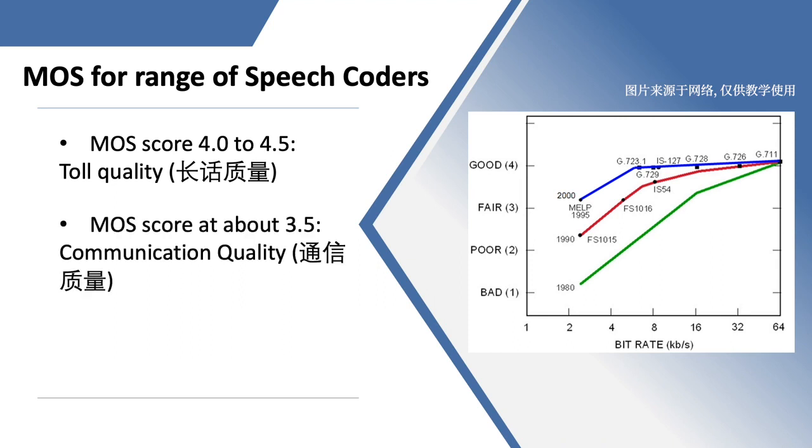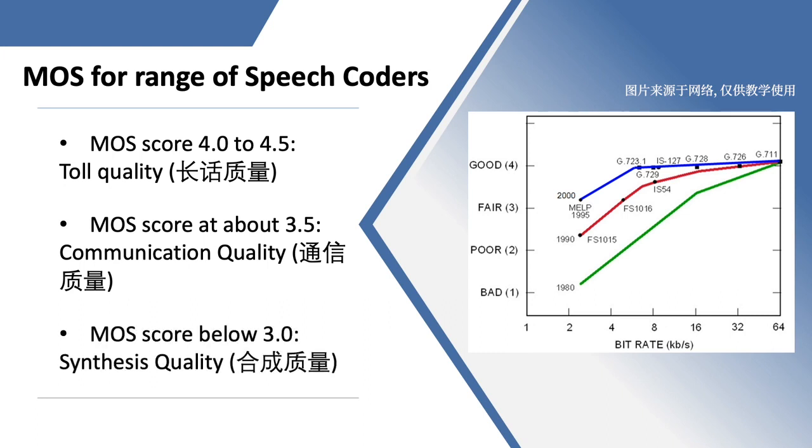A MOS score of about 3.5 is referred to as communication quality. The listener can feel the degradation of the reconstructed voice quality, but it does not hinder the normal call, which can meet the requirements of most voice communication systems.